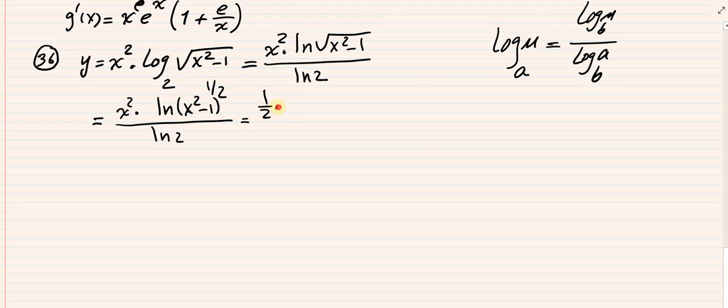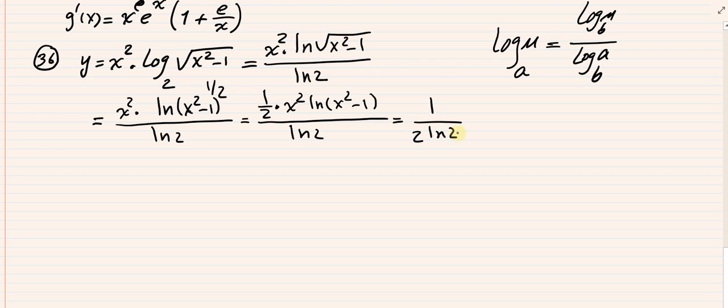That's what I'm doing. 1/2 brought in front of x squared ln of x squared minus 1 divided by ln of 2. So I'm doing some upfront simplification, so it's going to make it easier for me to find the derivative.